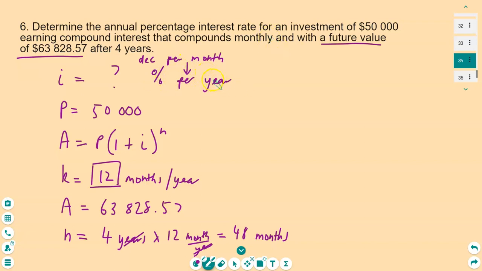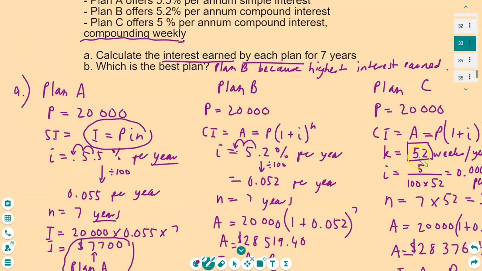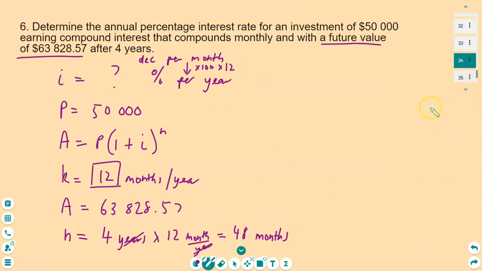So this time we're going to be timesing it by 100, and then we're going to be timesing it by 12. When you get I as a decimal, you divide it before by that K value and the 100. But to get it back, because the interest rate's always given as a percentage, we need to calculate it and get an answer out as a percentage.